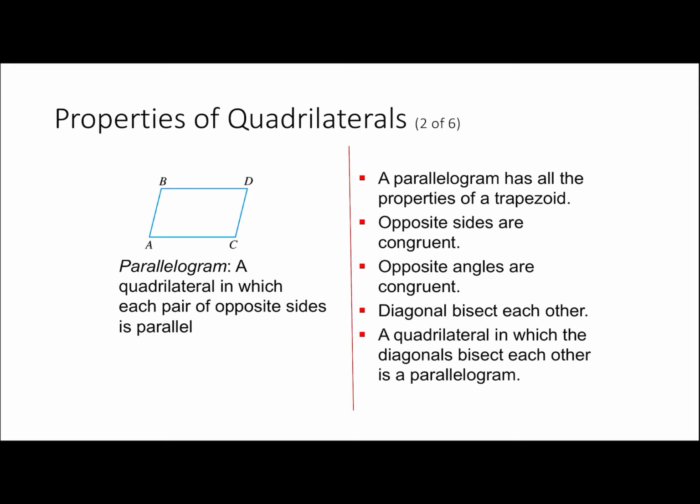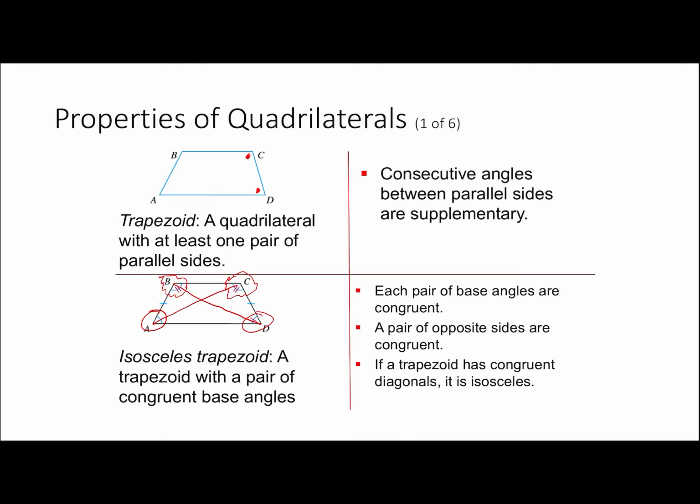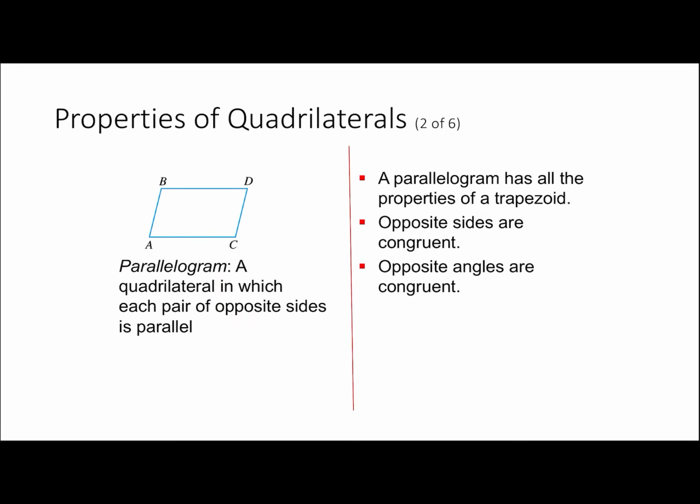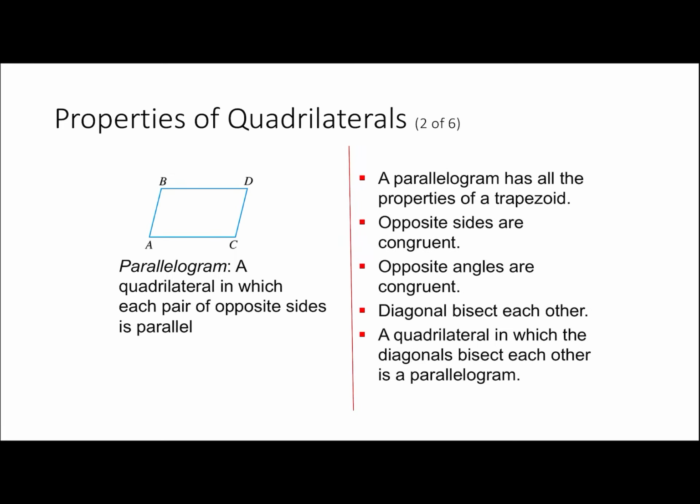The next one is a parallelogram. We know that a parallelogram is a quadrilateral in which both pairs of opposite sides are parallel. So two sets of parallel sides, and you can see those. Here are the properties of a parallelogram. It has all the properties of a trapezoid, so all those that we talked about with the trapezoid still apply here.